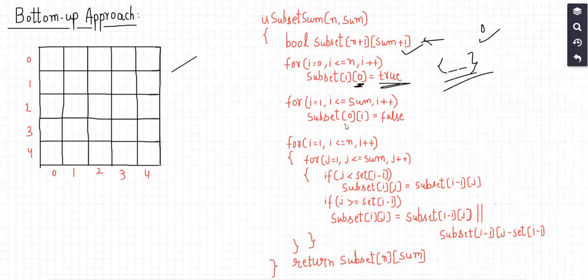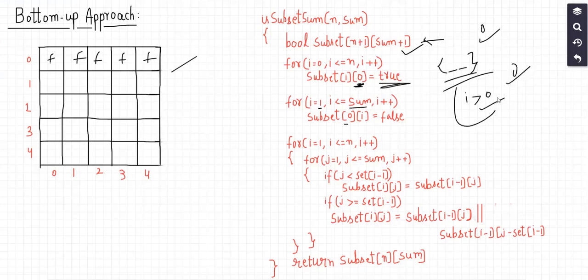And we put false for the first row. Why are we putting false here? Because whatever sum i you want to generate, where i starts from 1 to sum, any non-zero sum i cannot be generated from 0 integers.